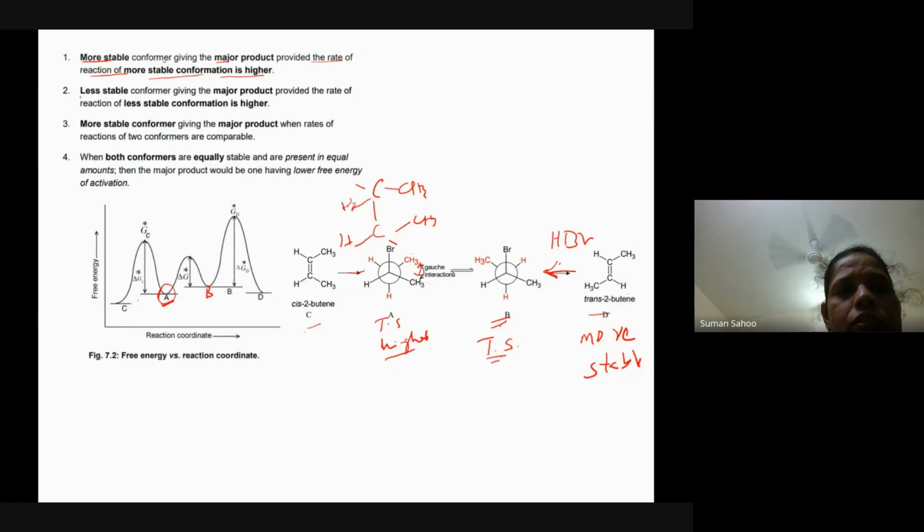Next one is when you have a less stable conformer giving the major product, provided the rate of reaction of the less stable conformation is higher. Rate of reaction is higher means in that case it passes through a lower energy transition state.